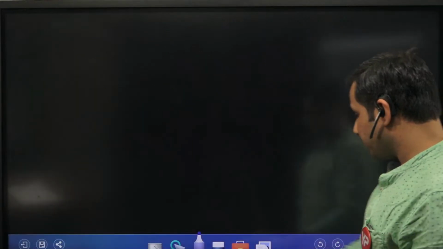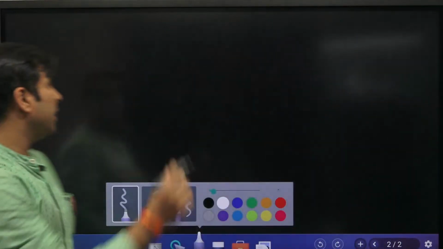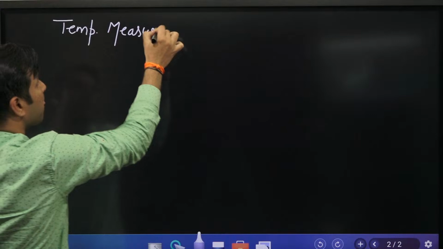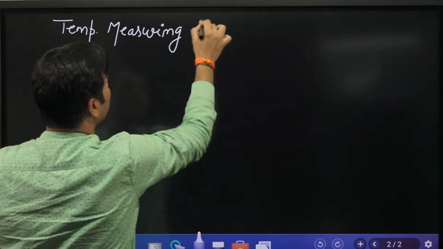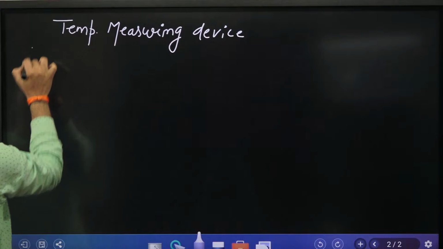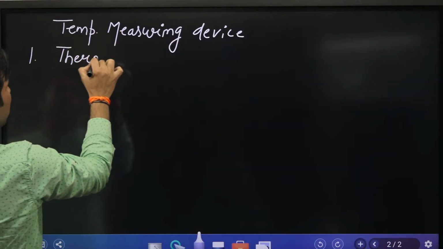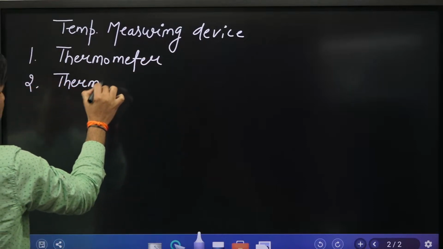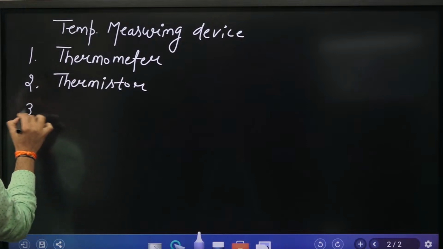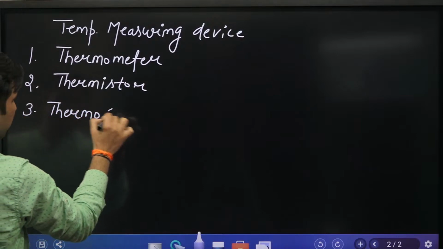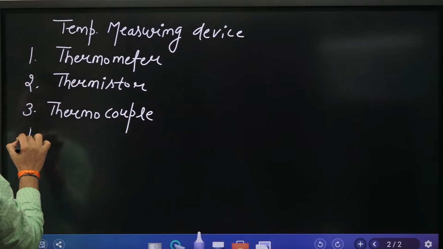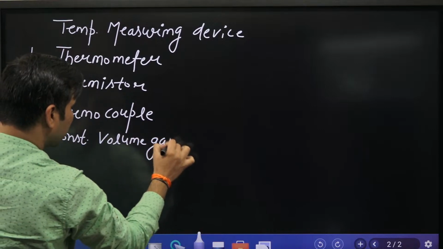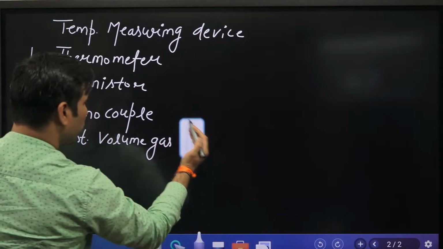If I write here, there are different types of temperature measuring devices, like thermometer, thermistor, thermocouple, and constant volume gas thermometer.